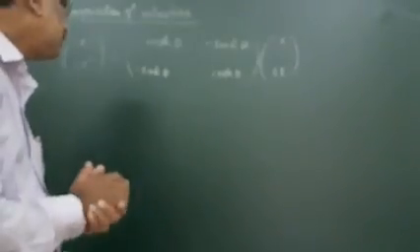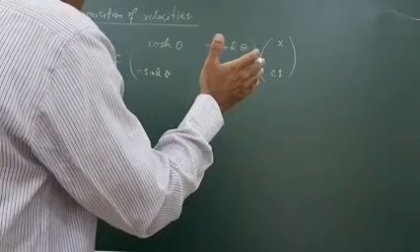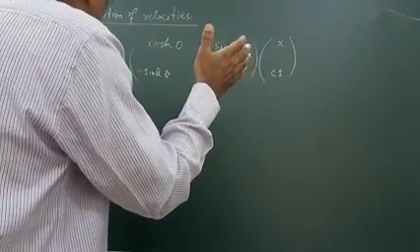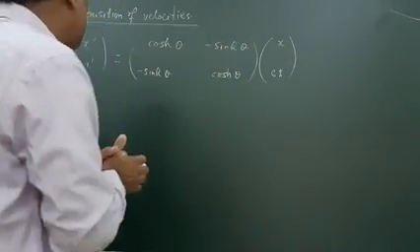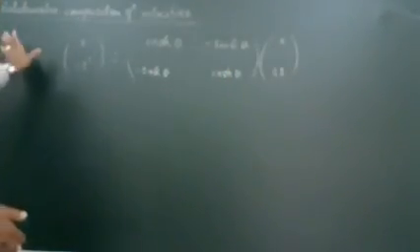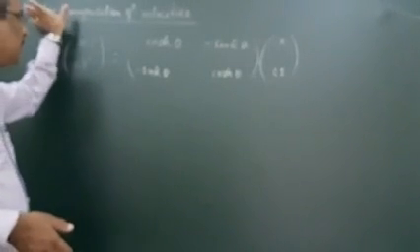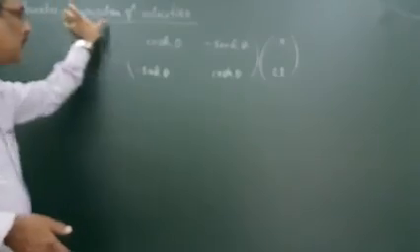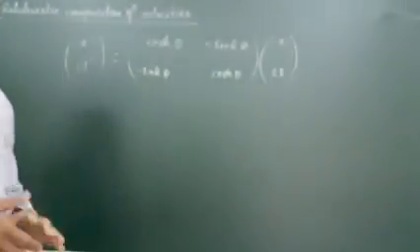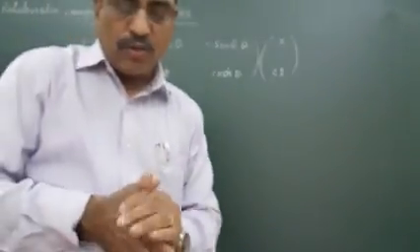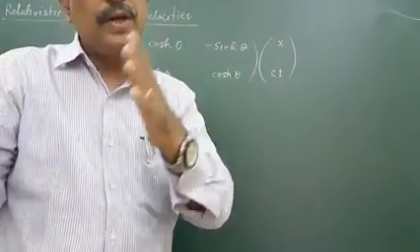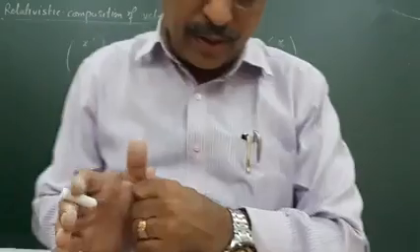Now, using this representation, we can find the relativistic composition of velocities. There are three frames.